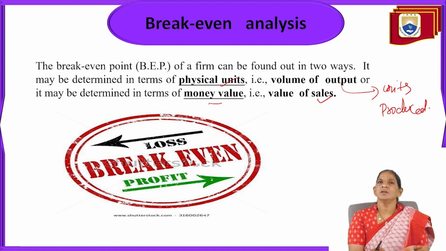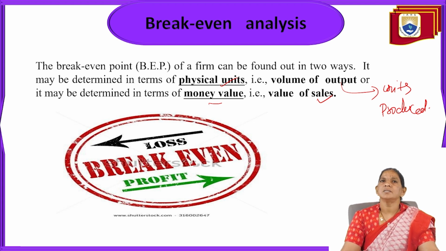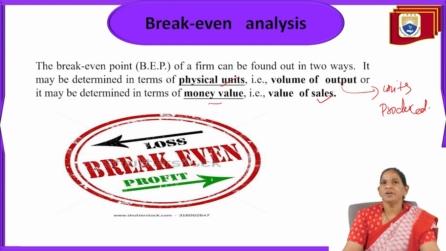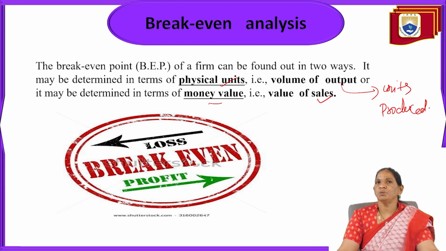In the same way, we can achieve the break even in monetary values, that is, money values, seeing what amount we invested and what revenue we generated. So based upon that, we can achieve this break even in physical and monetary value.